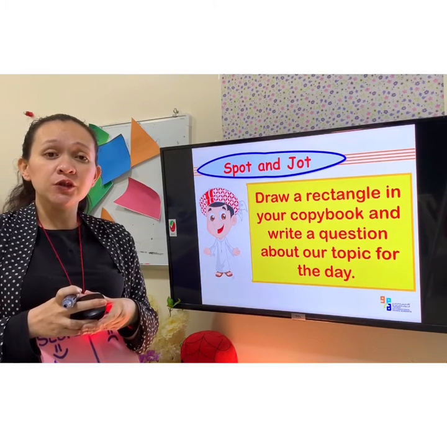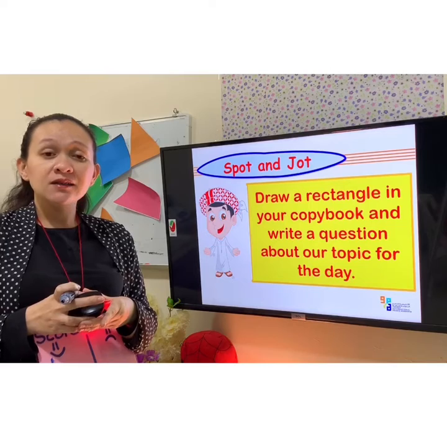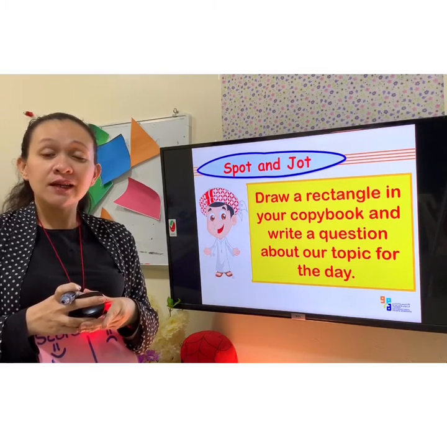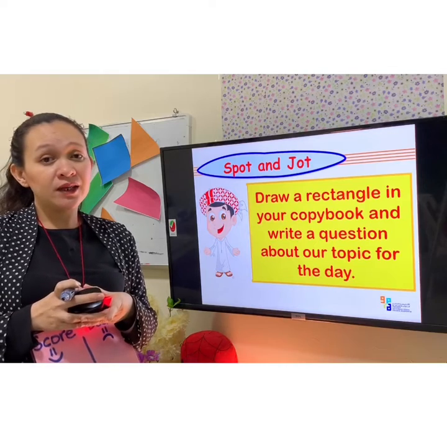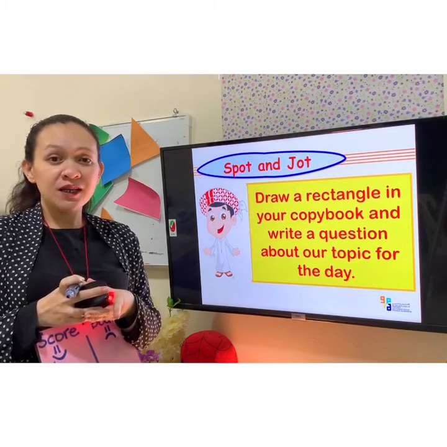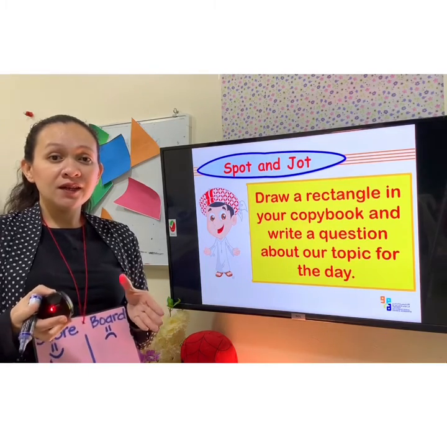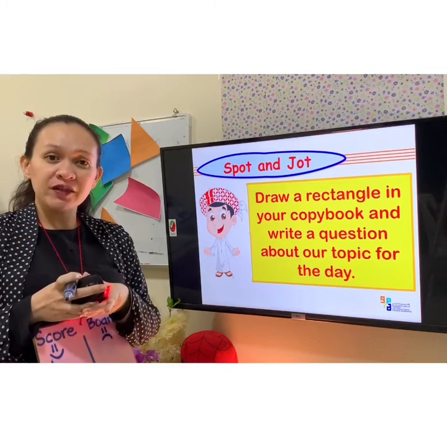I'm going to give you 10 seconds to do the activity. Are you ready now? Timer starts now. 10, 9, 8, 7, 6, 5, 4, 3, 2, 1, 0. Timer's up. Can you share your question with us?